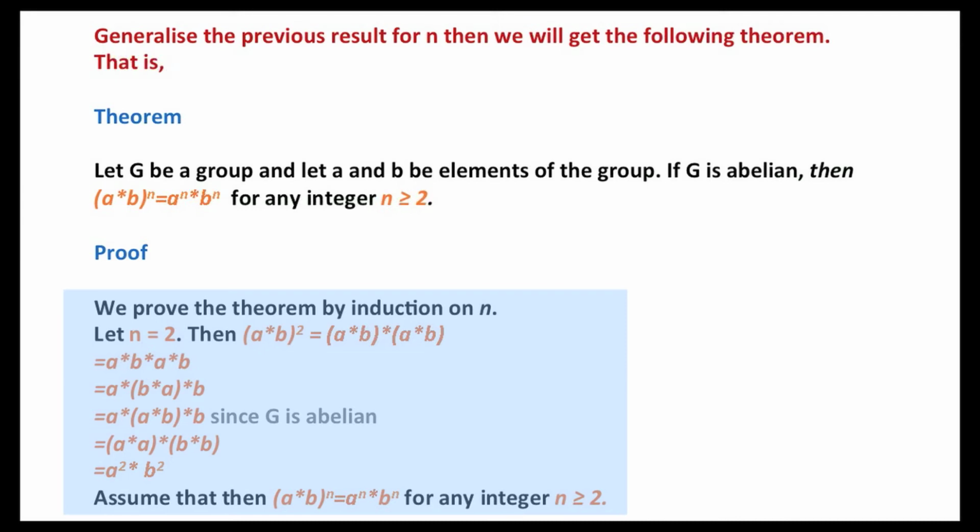Let n equal 2, then (ab)² is equivalent to abab, that is again equivalent to aabb, since G is abelian.